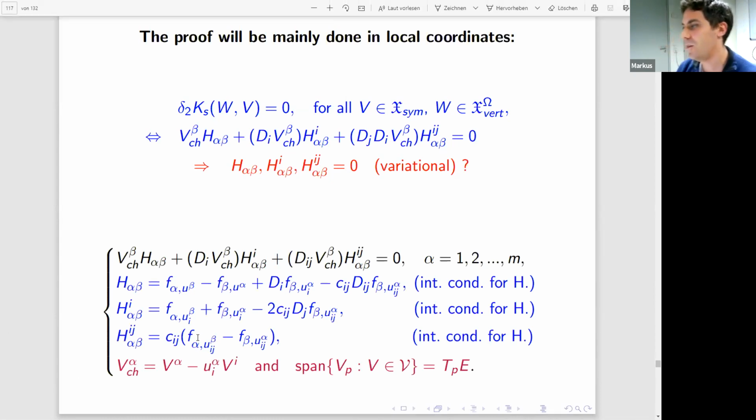And I wrote the whole system down here. So here is this equation again, and then I wrote down what H means. There are three different Helmholtz expressions. I told you this is an alternating sum of partial derivatives and so on. How it exactly looks is not so important, but you have these three different expressions here.